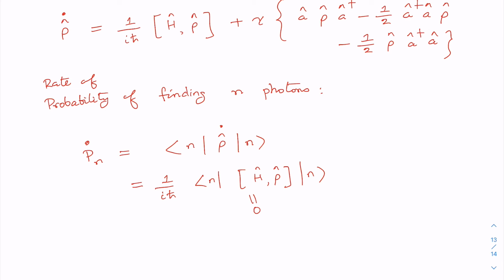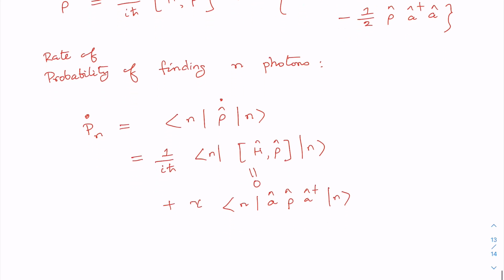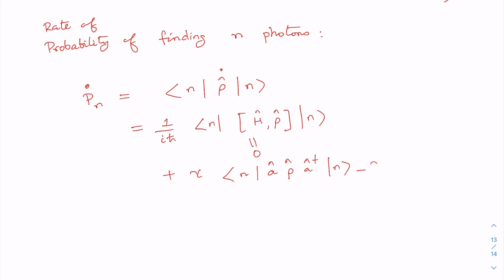We will be left with the other terms: gamma <n|a rho a dagger|n>, then minus gamma by 2 <n|a dagger a rho|n>, and minus gamma by 2 <n|rho a dagger a|n>.